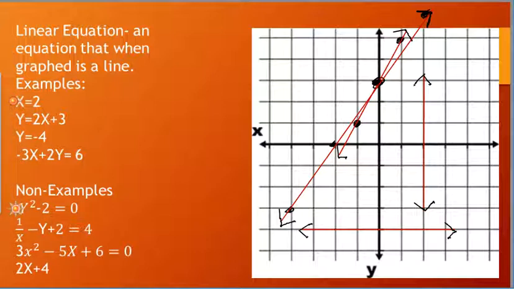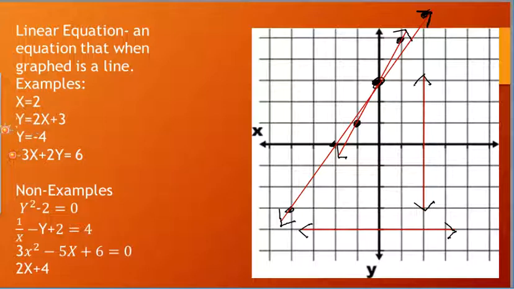Now, when we look at these examples, what do you see? And when we look at these non-examples, what do you see? We can see that a linear equation can have just an x, or it can have just a y, or it can have both an x and a y. Okay, so that's one thing that we need to realize about linear equations is they can have just one variable, or they can have two variables.